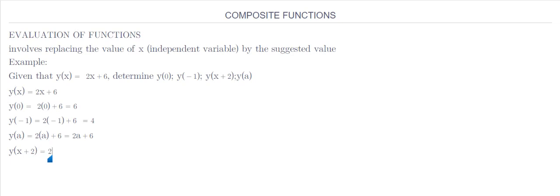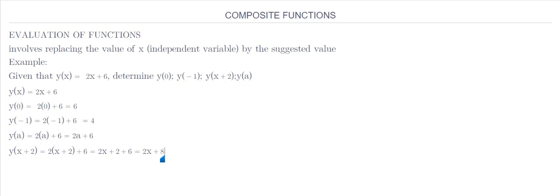So that is going to be 2 into, instead of x, x plus 2. And there we are going to be adding, of course, 6. Now you need to simplify. This is going to be 2x plus 4, then plus 6. And that can be simplified further into 2x plus 10.